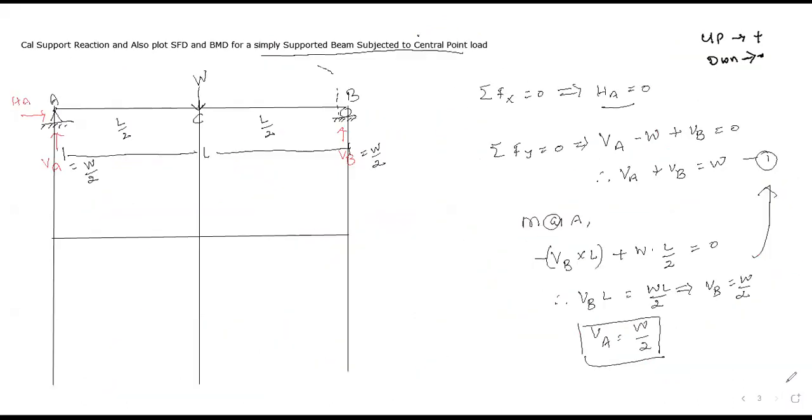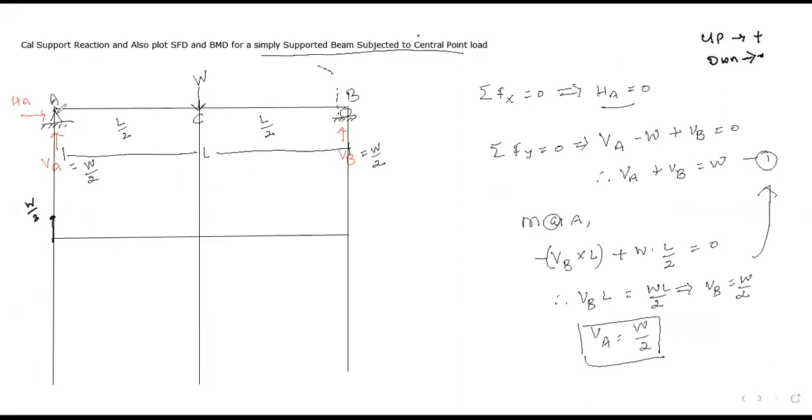So we need to draw a straight vertical line, an imaginary random line. The value will be W/2, because your reaction is equal to W/2. Please confirm, is it clear?